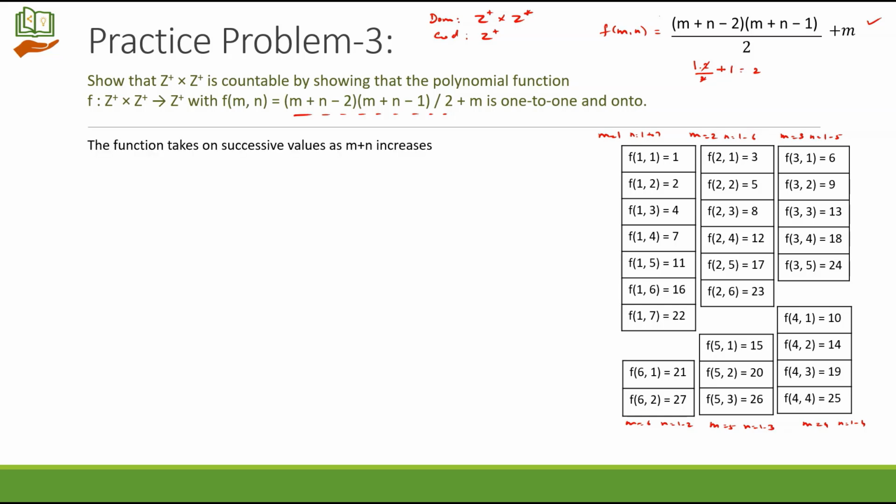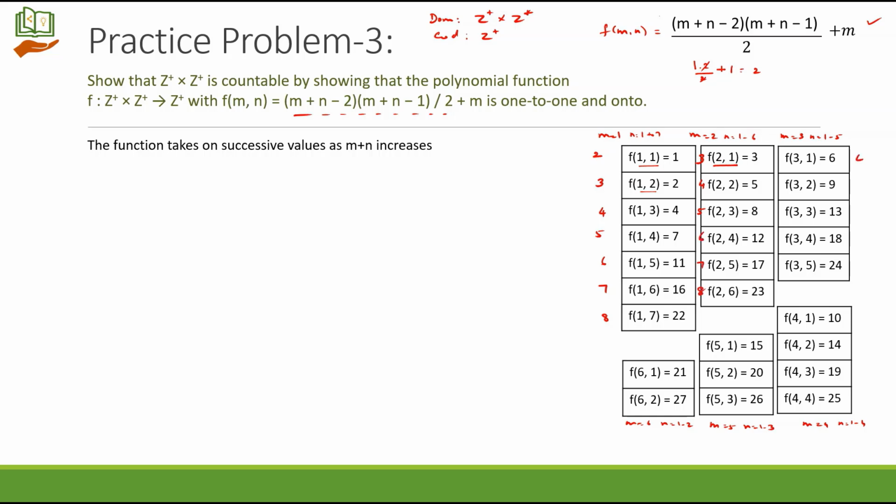The function takes on successive values as m plus n increases. What is m plus n? It is 2. What is m plus n? It is 3. Here it is 4, 5, 6, 7, 8. What about m plus n here? It is 3, 4, 5, 6, 7, 8.